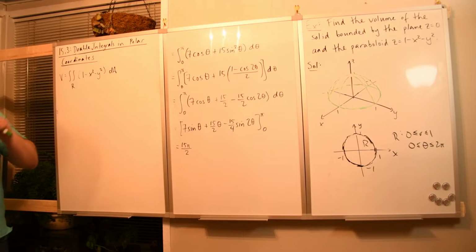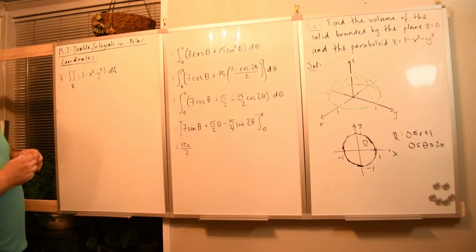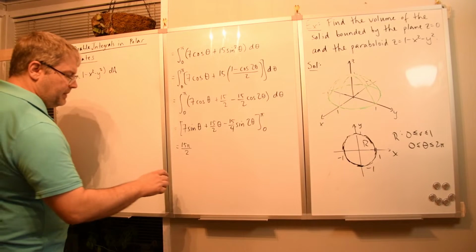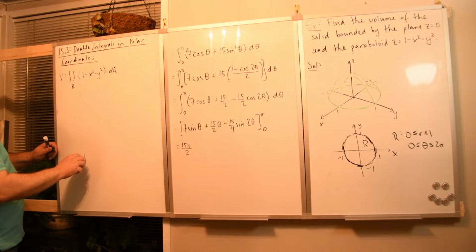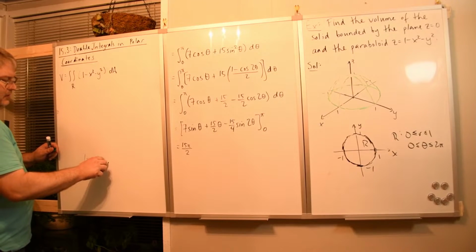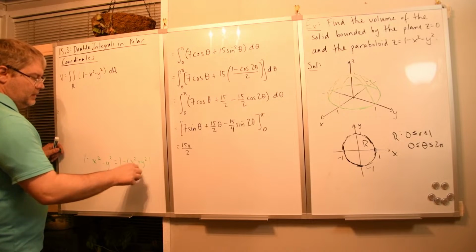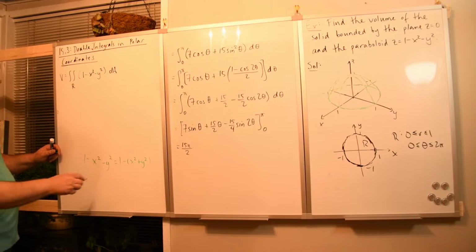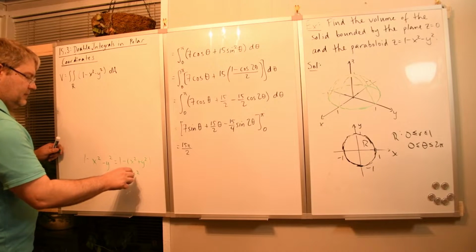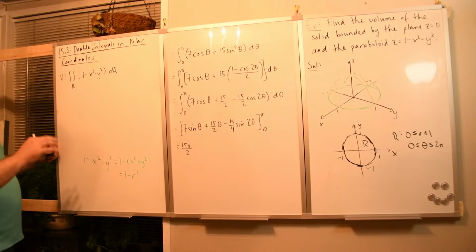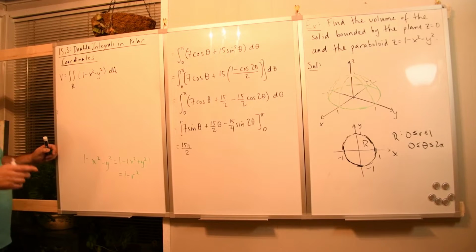But think about this for a moment. 1 minus x squared minus y squared is the same thing as 1 minus the expression x squared plus y squared, which would be the same thing as 1 minus r squared, because remember the conversion equation, x squared plus y squared equals r squared.